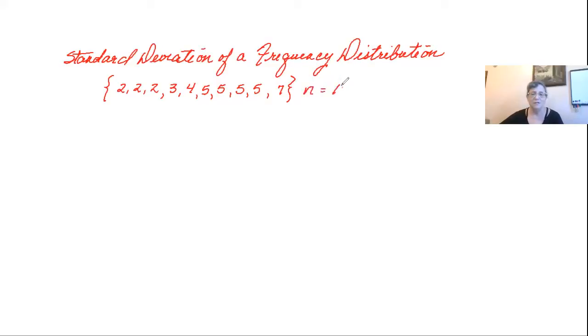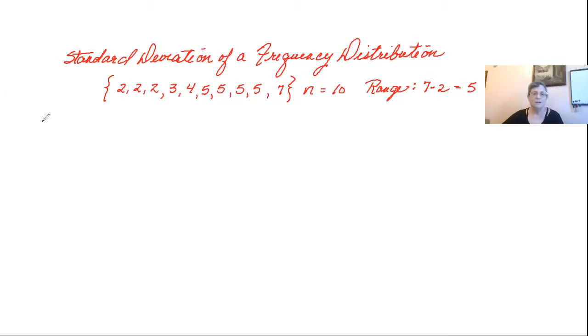So n is 10. Notice that your range is nothing but the difference between the biggest number and the smallest number. So 7 minus 2 is 5. There's 10 numbers, but they're all within 5 units.